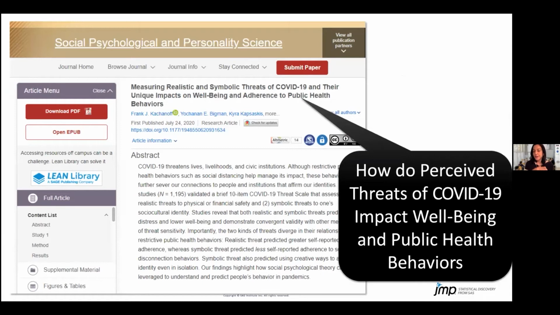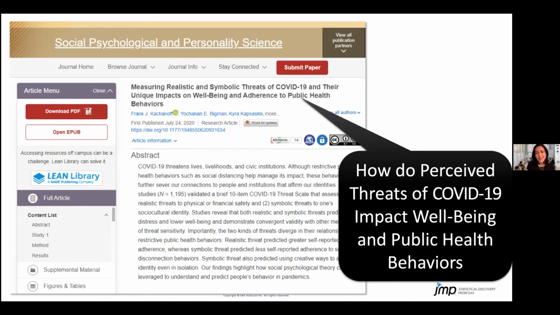And the authors had what on the surface looks like a very straightforward question. They said, how do perceived threats of COVID-19 impact well-being and public health behaviors? That seems pretty straightforward. But of course, there are a few problems here. The first one is that this concept of perceptions of threat of COVID-19 is a very abstract concept. We certainly can't measure that directly.